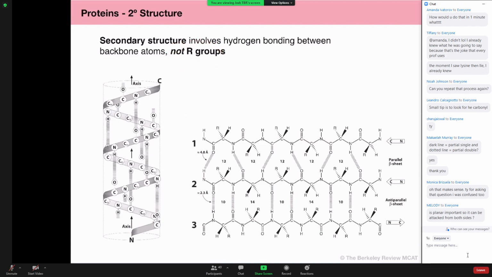Okay, so whenever you see a protein image, right, and you have like an alpha helix, right, which is this thing right here, okay, it's a secondary structure because you get this hydrogen bonding between the backbone molecules, which are more easily held in place because they have that planar structure. Okay.